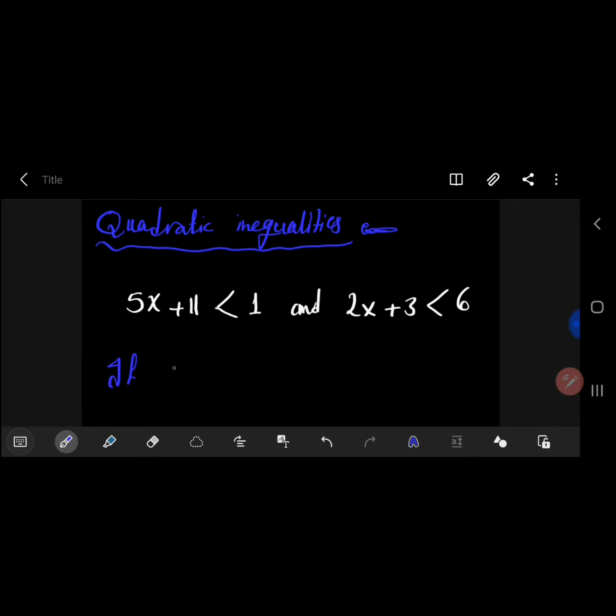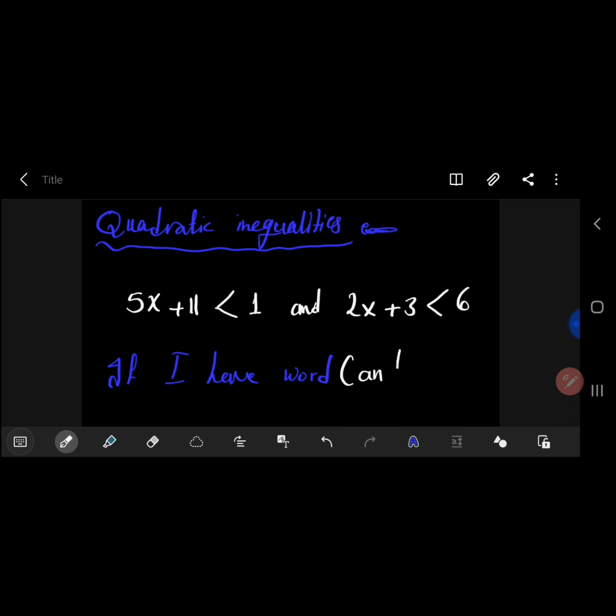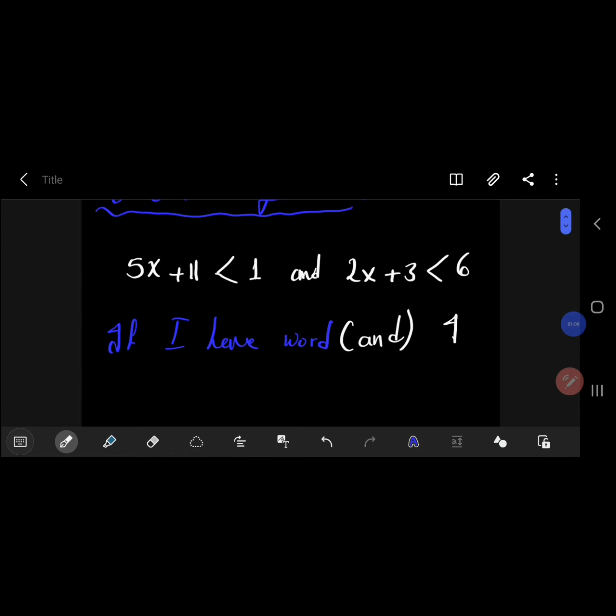If I have the word "and", I will take only the common elements.